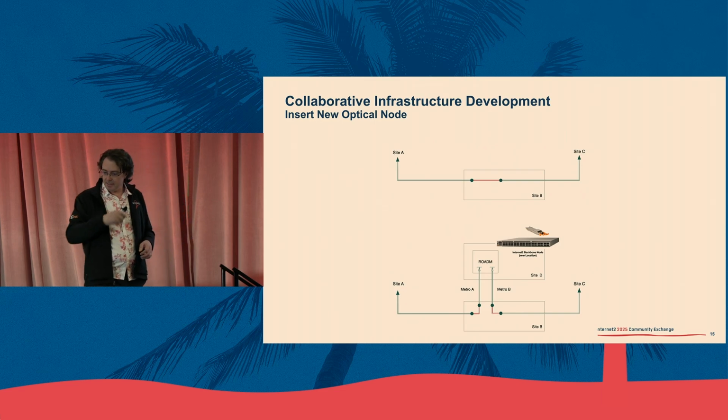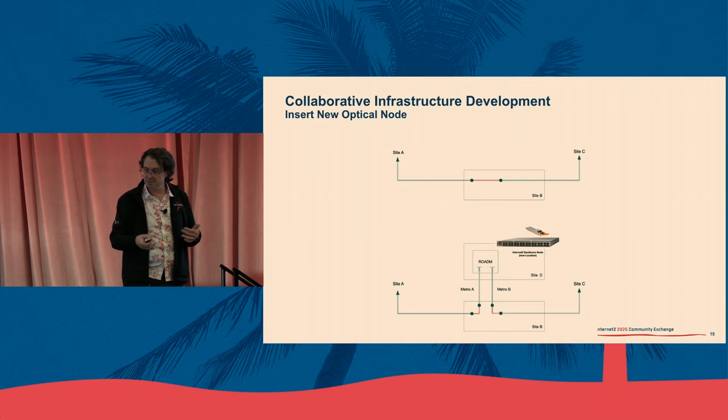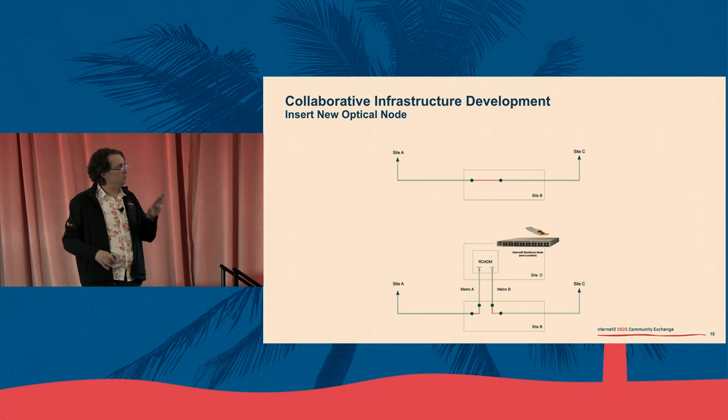Another thing that, again, we're sort of combining all these different network layers. We are seeing a lot of interest in extending Internet2 into other locations. So we're not just using dark fiber to go the last mile. We're actually placing new ROADM nodes, or new optical nodes, in what have traditionally not been connected sites. And this is done entirely at the request of one of our community partners.